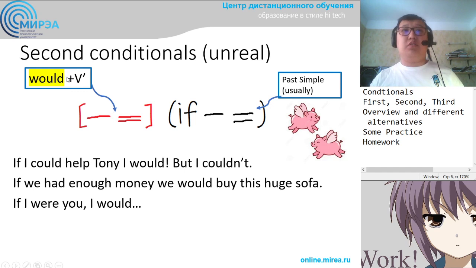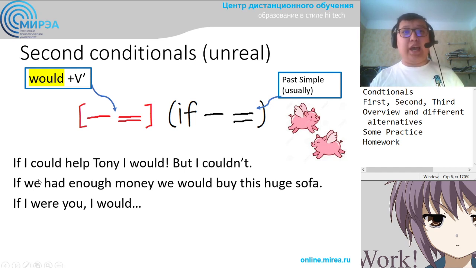In the main part, we add infinitive, and in the if part, we use past simple. Again, we move back into the past, one step. It was present simple before, it is past simple now. Just pay attention: these second conditional sentences are about the future and the present, not about the past.